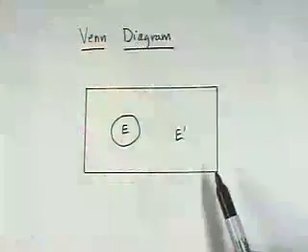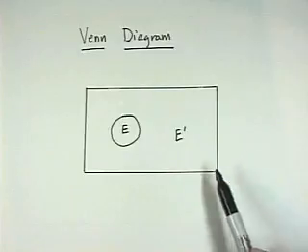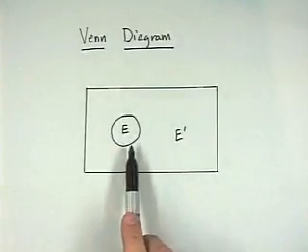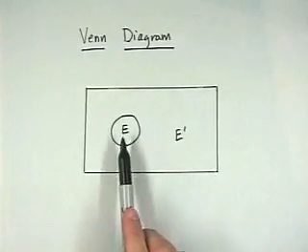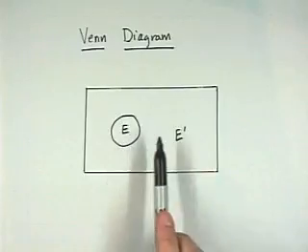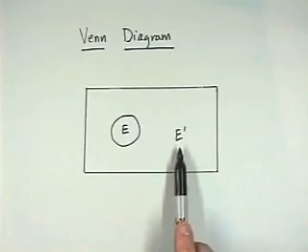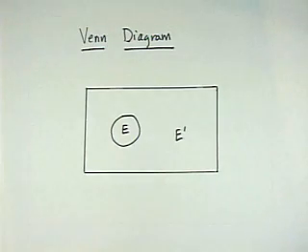Here's a general Venn diagram. The rectangle represents the overall experiment, and within the rectangle, in a circle or circles, we put all the items in a particular event. Outside the circle but inside the rectangle are all the items that would be in the complement of that event.